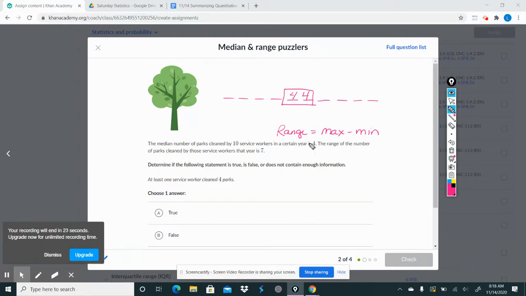But we could also assume that it was 3 and 5 here, which would give us the information of our median: 3 plus 5 is 8, divided by 2 is 4. So we cannot determine whether that is true or false in this case. The range really wouldn't help us out there.